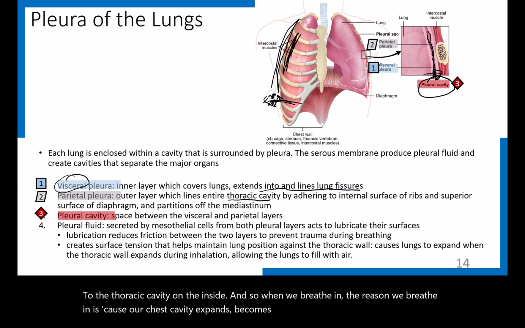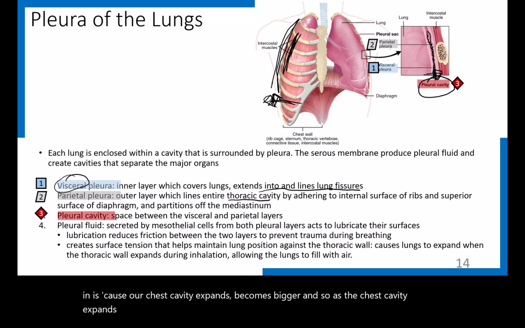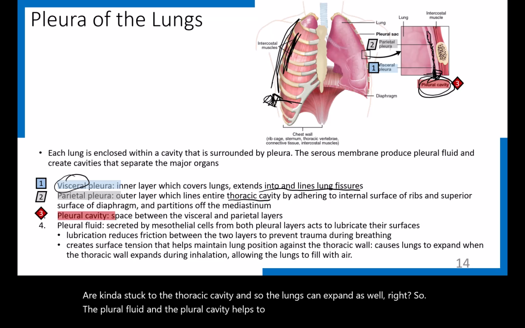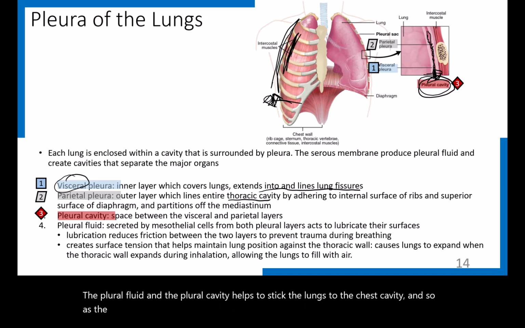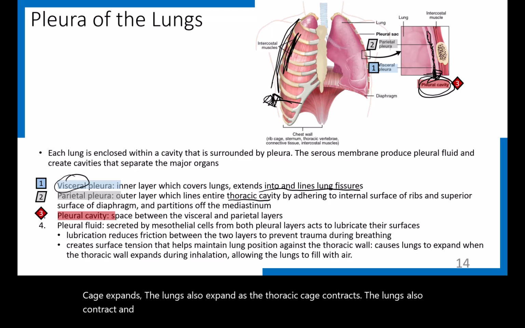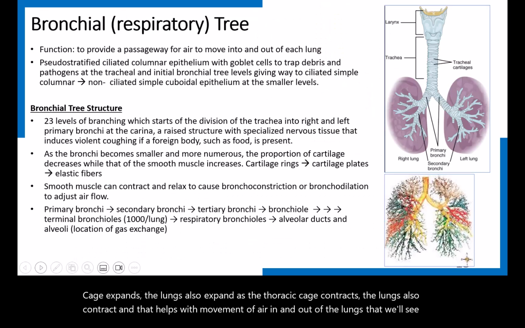As the chest cavity expands, the lungs are kind of stuck to the thoracic cavity, and so the lungs can expand as well, right? So the pleural fluid in the pleural cavity helps to stick the lungs to the chest cavity, and as the thoracic cage expands, the lungs also expand. As the thoracic cage contracts, the lungs also contract, and that helps with movement of air in and out of the lungs, which we'll see in the next lecture.